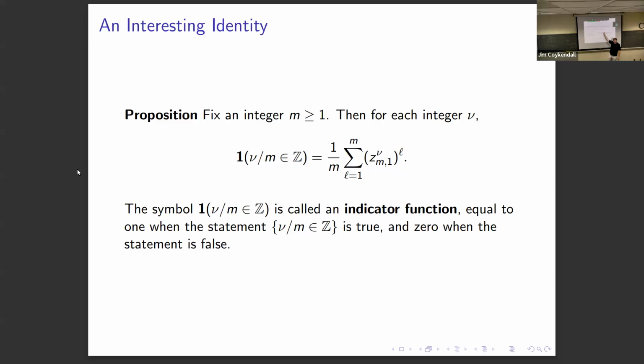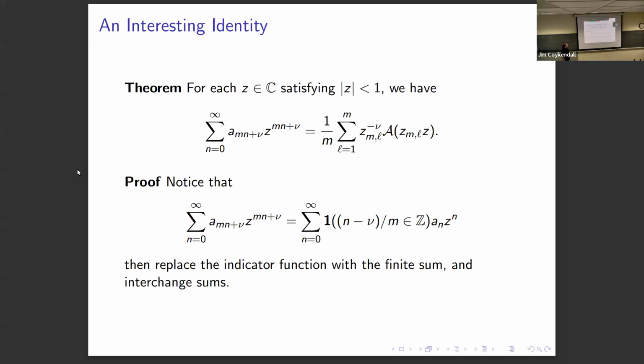That's why I'm pointing this proposition out. So if I go back now to my original problem, I claim that the thing I was interested in can be expressed as this finite sum. And there's no typo here. This is z_l times z, so this is the lth root of unity. This should be an m k instead of a k. And so we get this guy.